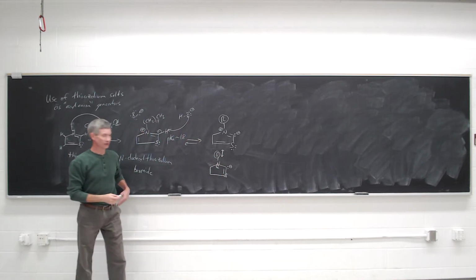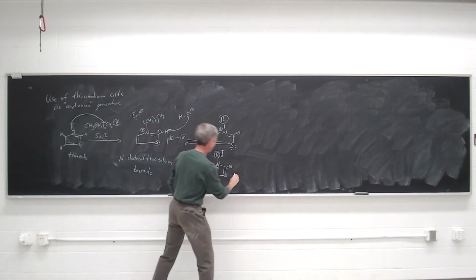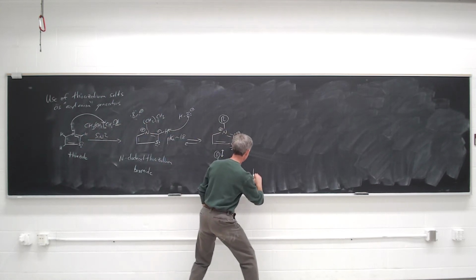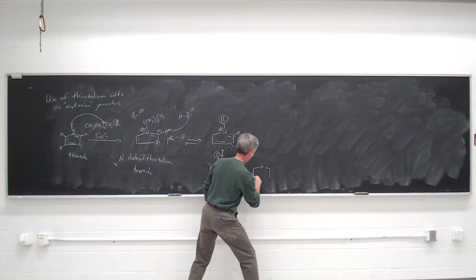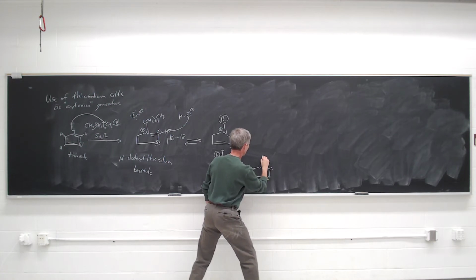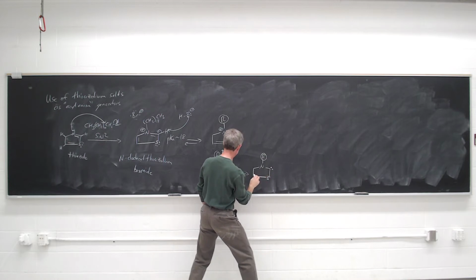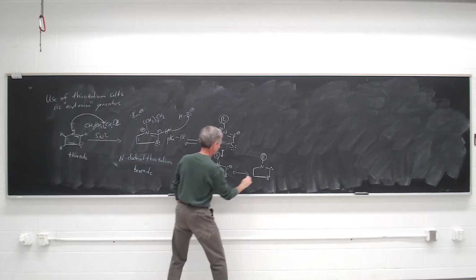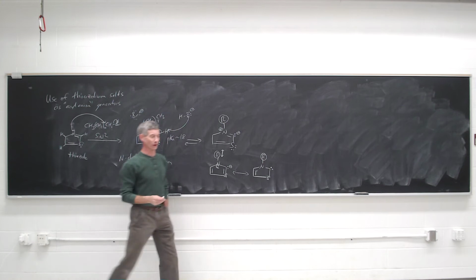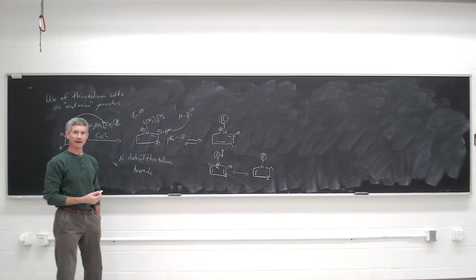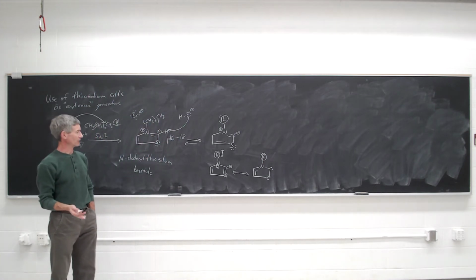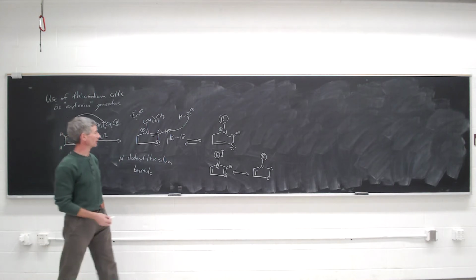So we have a resonance stabilized anion. It would also be possible to draw a resonance structure that looked like a carbene, where you have an unfilled octet and a lone pair on the same atom, neutral carbon in this case.